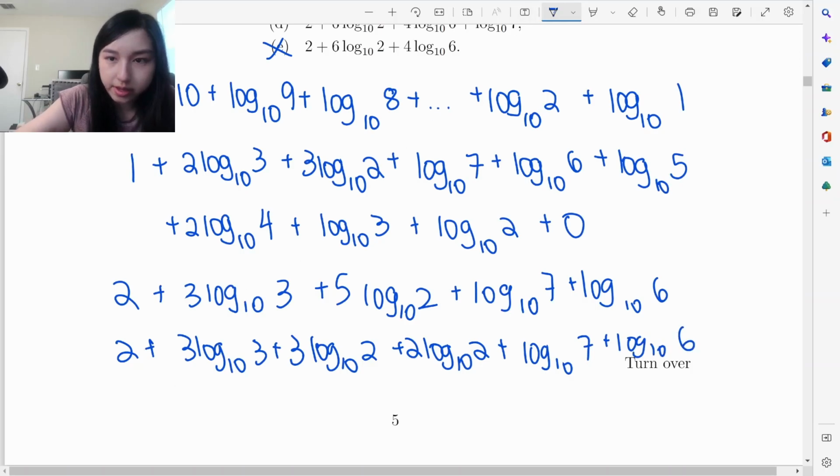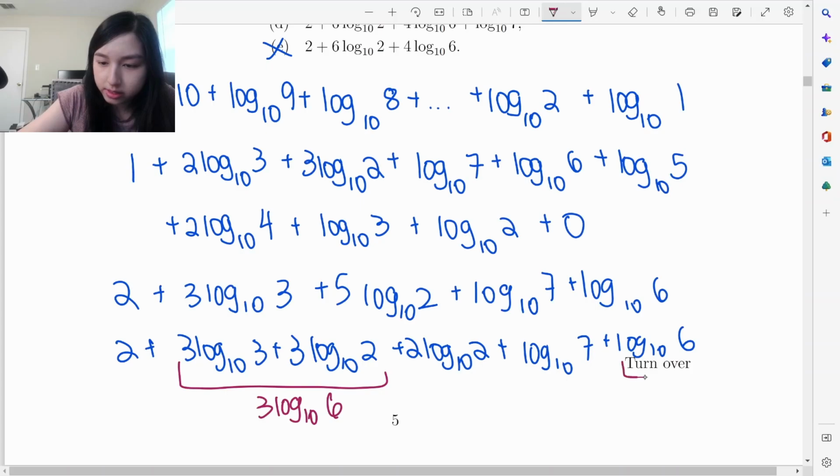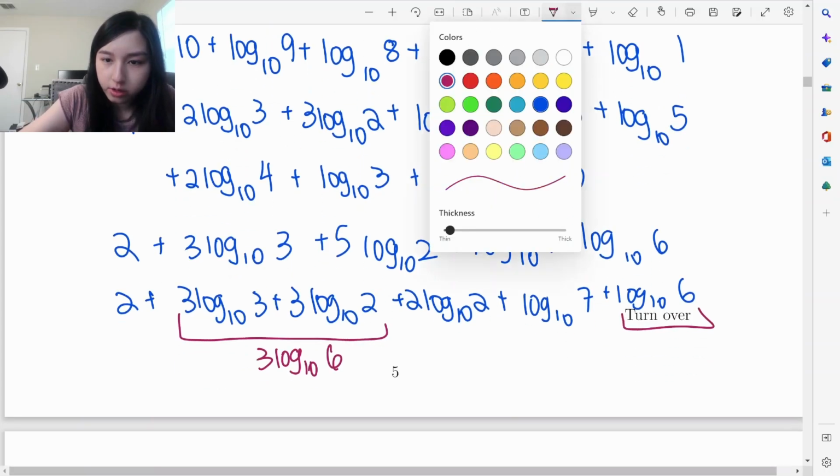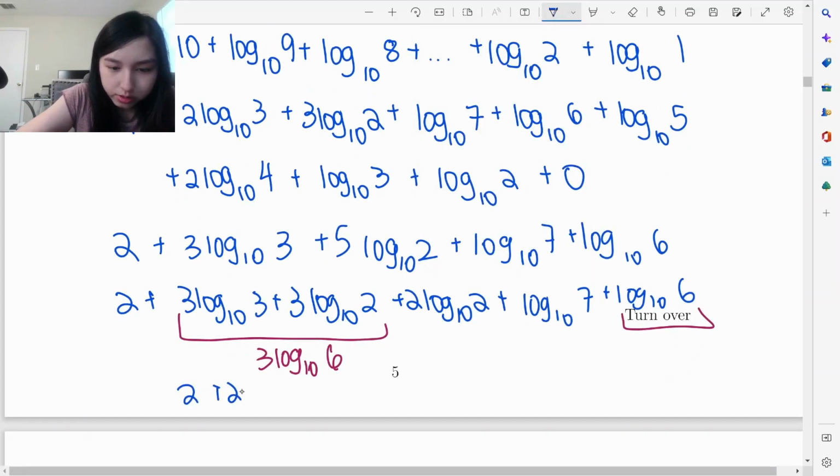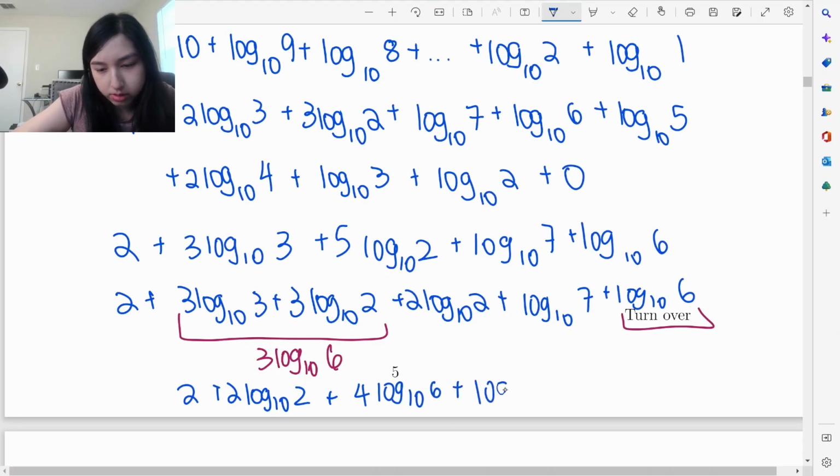So if we combine these two, we would have 3 log 10 6. So if we combine 3 log 10 6 and another one here, overall it should be 2 plus 2 log 10 2 plus 4 log 10 6 plus log 10 7.